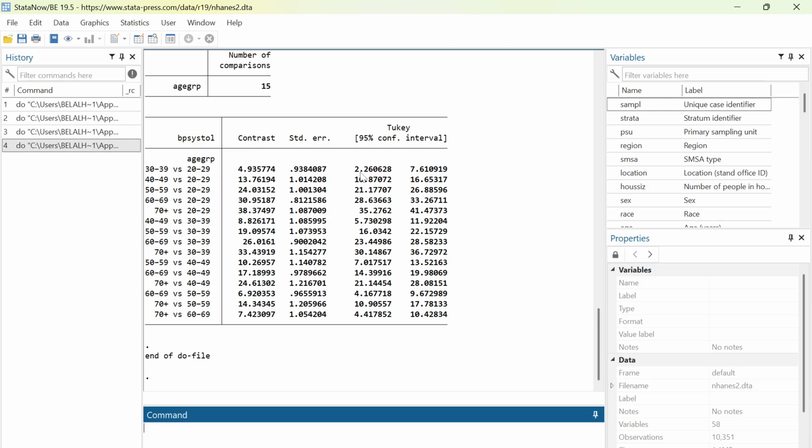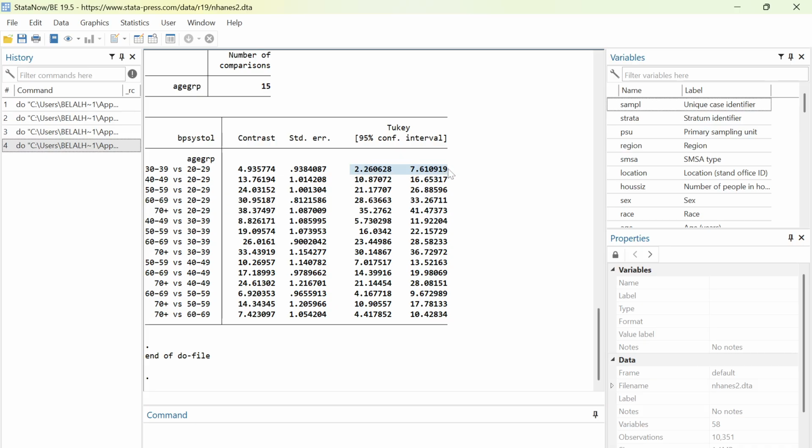And as you can see, even for the first comparison, 30 to 39 versus 20 to 29 age group, their difference is almost about 5, and this does not include 0. And furthermore, further down, there are no two numbers in the confidence interval that include 0. That means all these comparisons are statistically significant.